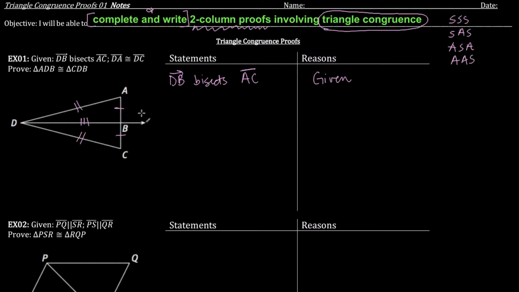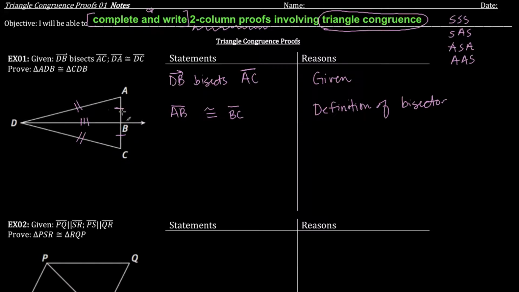From there, we could conclude that segment AB is congruent to segment BC. That's because of the definition of a bisector, that it cuts it in half. So, definition of bisector. So we've proven that two of the sides are congruent.